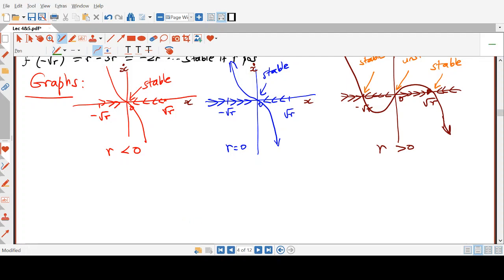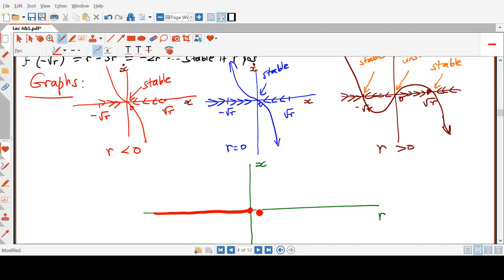So now we do the phase portrait. It's going to be x versus r. Okay. So this is r. When r is negative, you have this thing here on that side, the pitchfork.